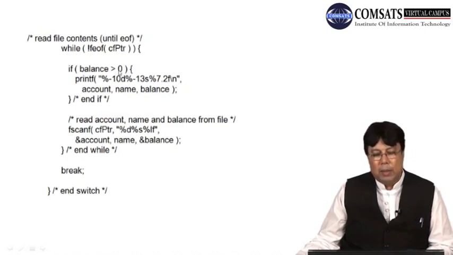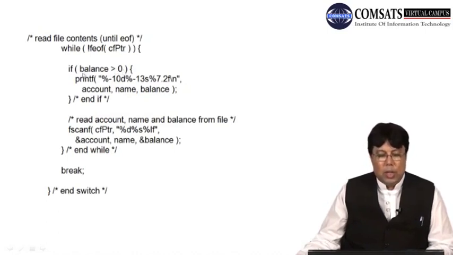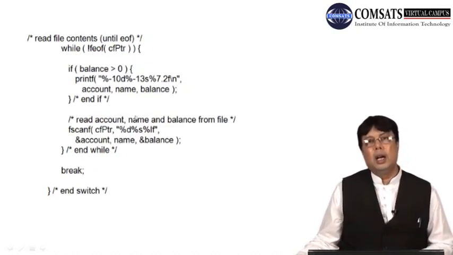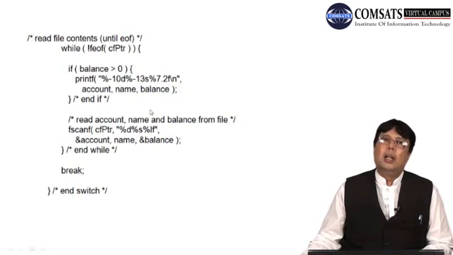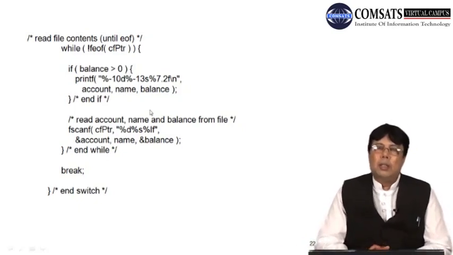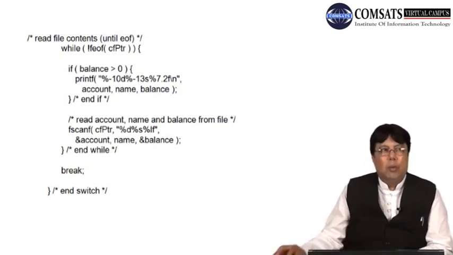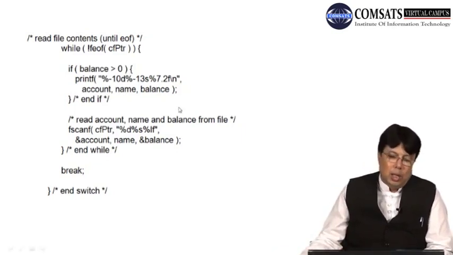So this time we are checking the balance is greater than 0, so this while loop will take over, and it will keep on reading the data. And for all those clients that have the positive balance, means the debit balance means the ordinary account balance where you usually deposit your money into the bank, that information can be displayed onto the screen.